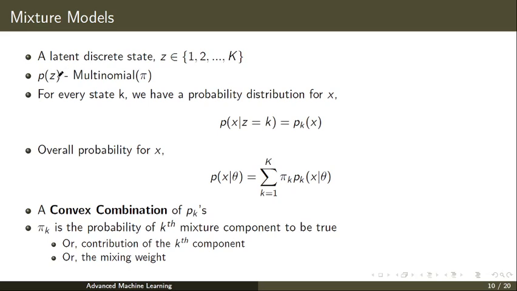Probability of Z equal to 1. Then probability of Z equal to 2 is pi 2. Probability of Z equal to k is pi k. So for every state k, we have a probability. Correspondingly, we can take the probability of x also: probability of x given Z equal to k.